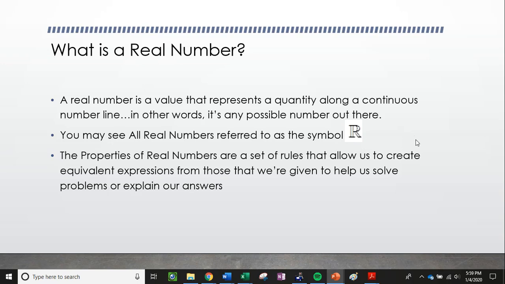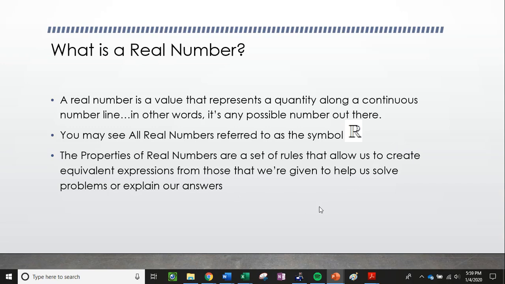So when we get into functions later and domain and range, and we're talking about the possible numbers that could fulfill the solutions to an equation, a function, an inequality, if there's ever a time where the answer is any possible number out there in the world, then we would represent that by saying all real numbers. It's basically another way of saying infinity.